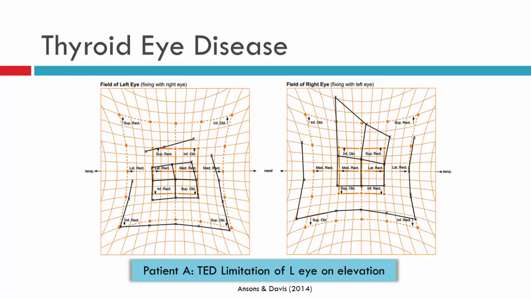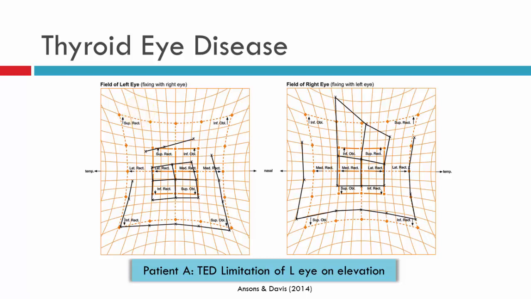Let's have a look at a couple of Hess charts from patients with thyroid eye disease. In this particular example, we have a patient who has their left eye affected, and we can see that levo elevation, direct elevation, and dextro elevation is affected. So the entire elevation is affected. So this will look familiar to you.